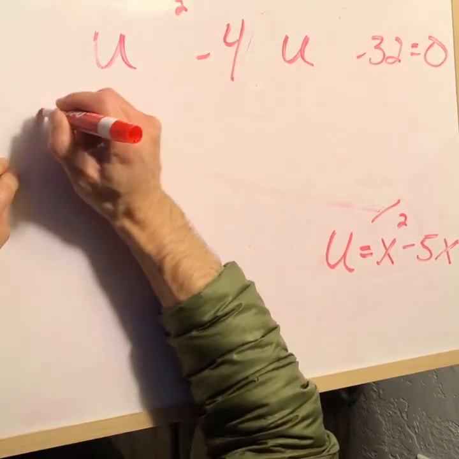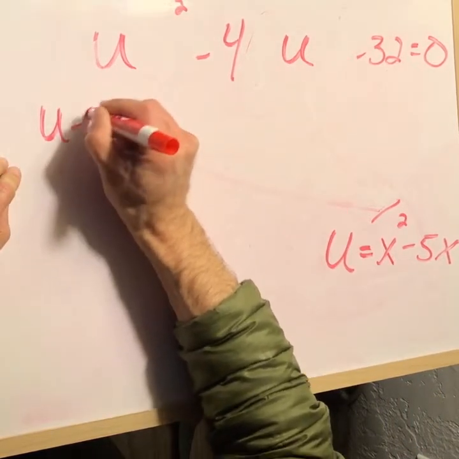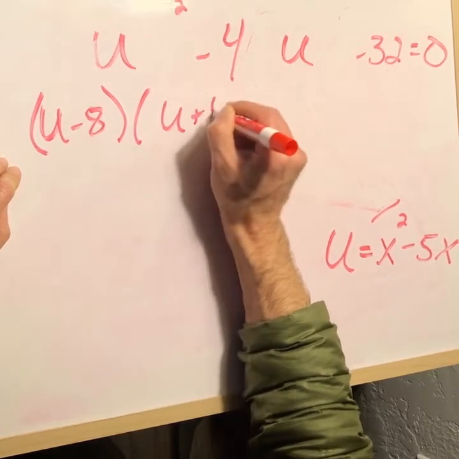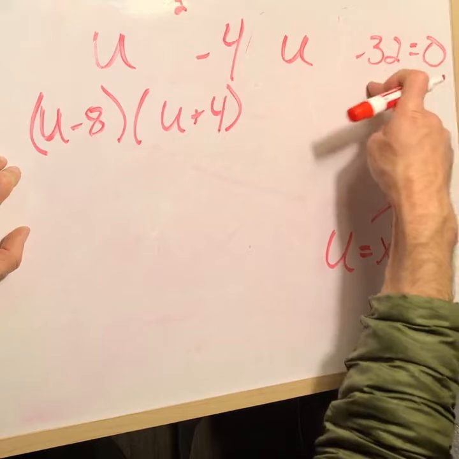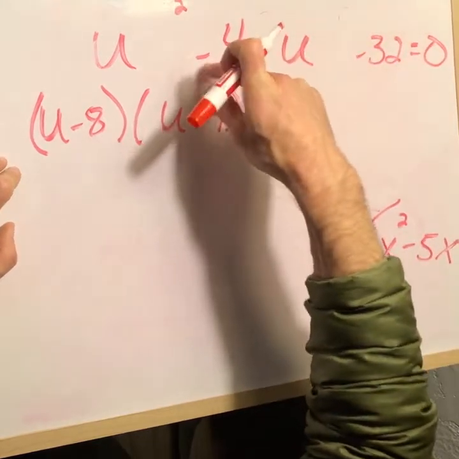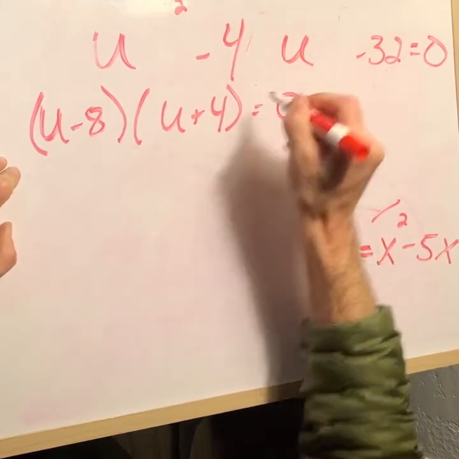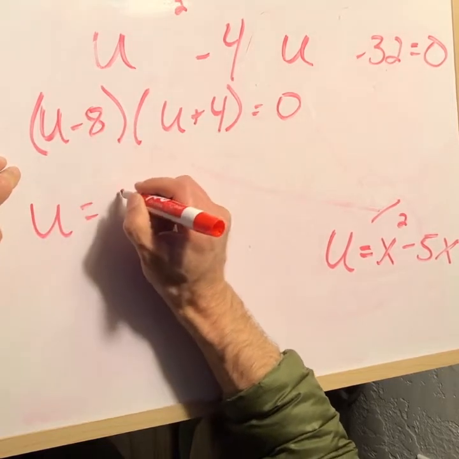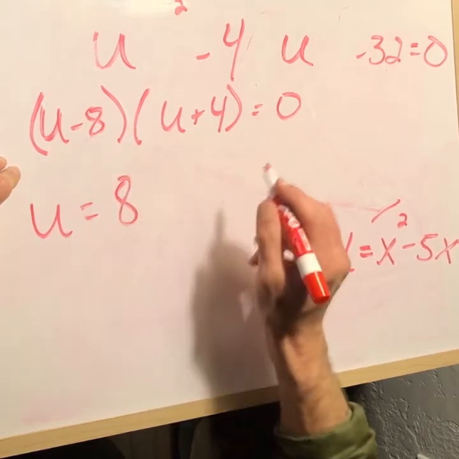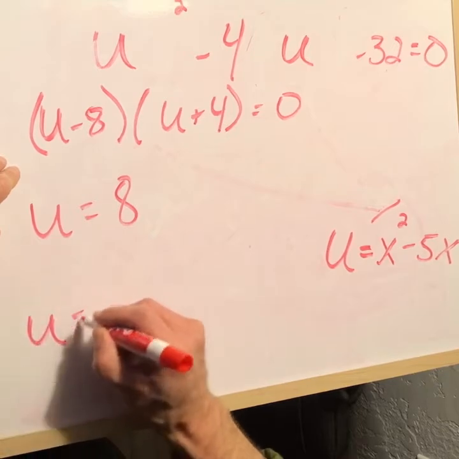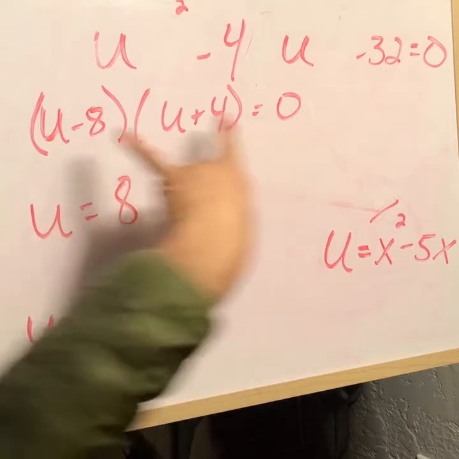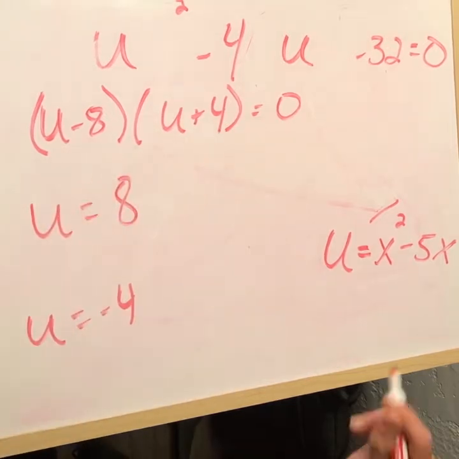If you were to factor this, it would be U minus 8 times U plus 4, because two numbers that multiply together to get negative 32 and add together to get negative 4, equals 0. Then if I solve for this, I get U equals positive 8, and U equals negative 4. These are my two solutions for this equation. That should make sense to everybody.